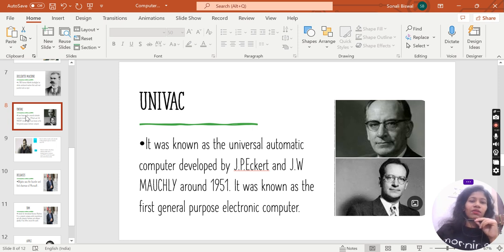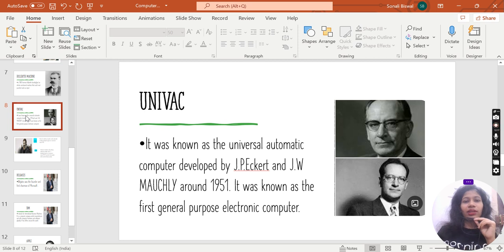Next is Mark 1, in 1944. Howard Aiken invented the first fully automatic calculating machine, used for addition, subtraction, multiplication, and division. After that, Mark 1 and ENIAC.